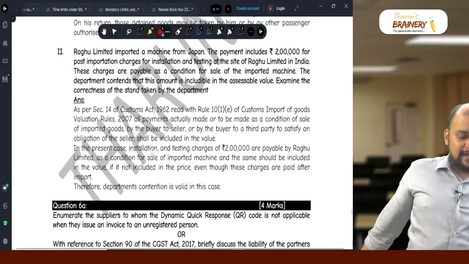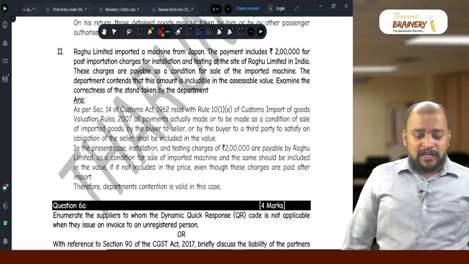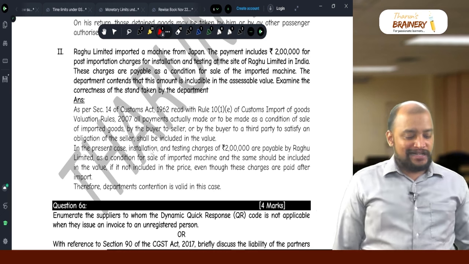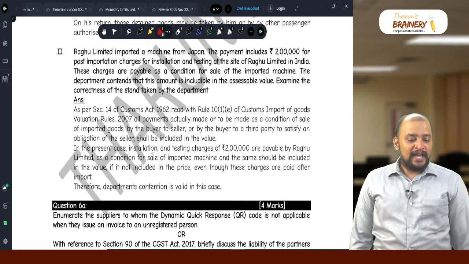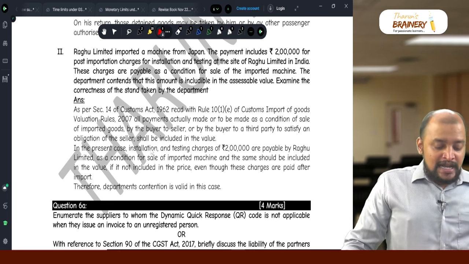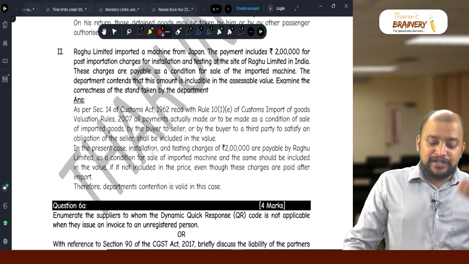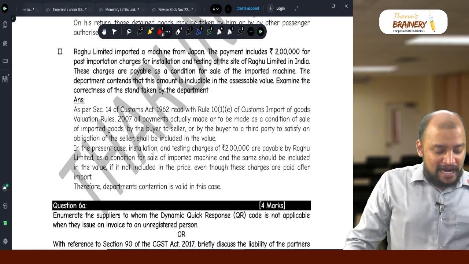Then next question number 2, Raghu Limited imported a machine from Japan. The payment includes 2 lakh for post importation charges for installation and testing at the site of Raghu Limited in India. These charges are payable as a condition for sale of the imported machine. The department contends that this amount is includable in the assessable value. Examine the correctness of the stand taken by the department.